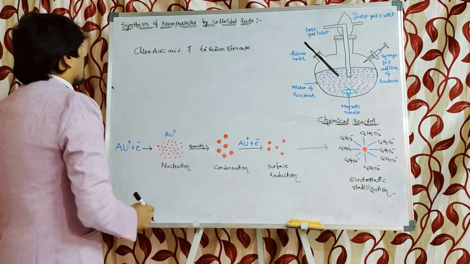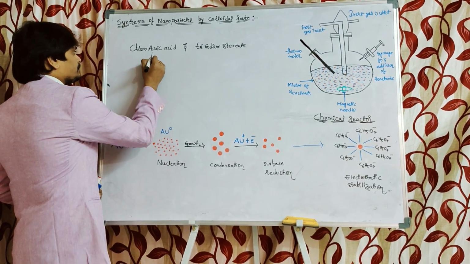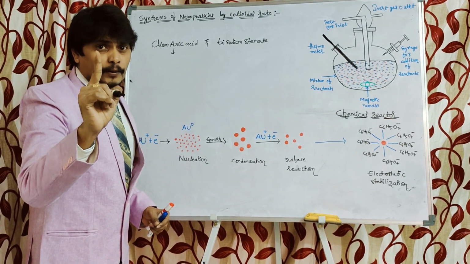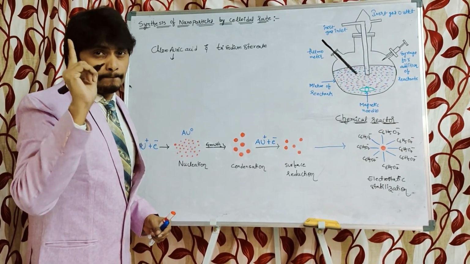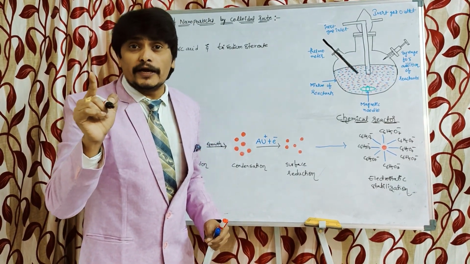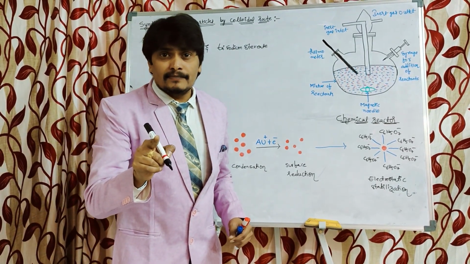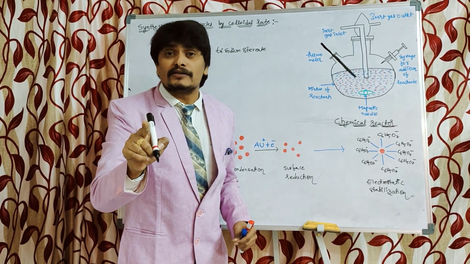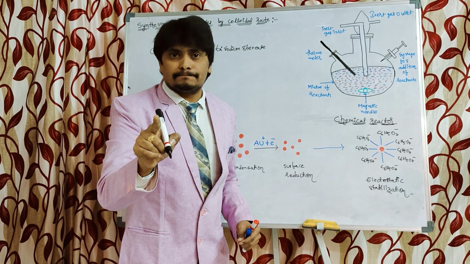Now, what is chloroauric acid? The name itself suggests that it comprises chlorine, chloro; auric means Au, gold; and acid. An acid can be expressed in terms of H plus, that is, hydrogen will be a part of it.